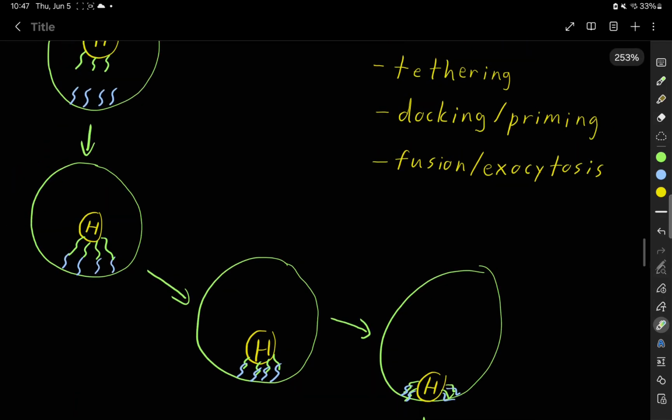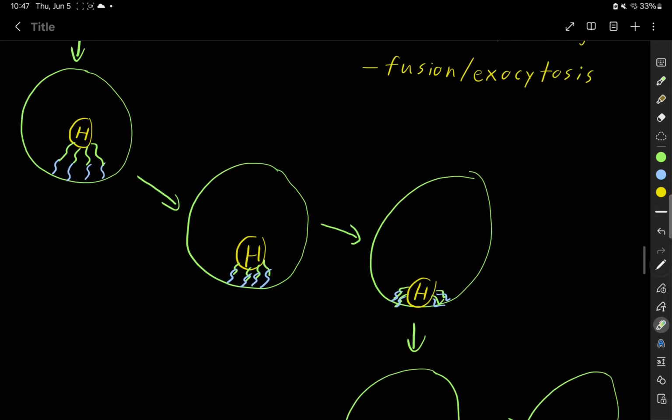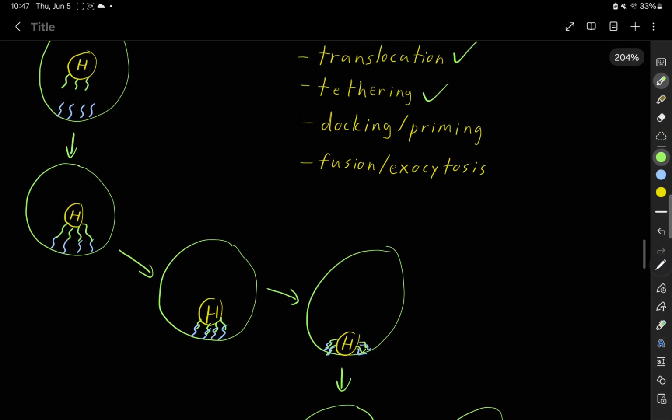They attach, and that's tethering. Docking and priming is basically when now that your SNAP and VAMP proteins have attached together, they can have further interactions and connections and likely pull the messenger molecule and the granule closer to the cell membrane as it prepares for the final release. So this is like docking and priming. There's more interactions happening between your SNAP and VAMP proteins. So that's docking and priming.